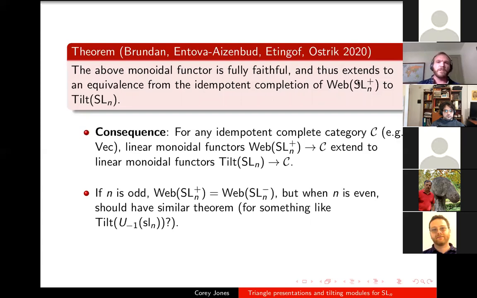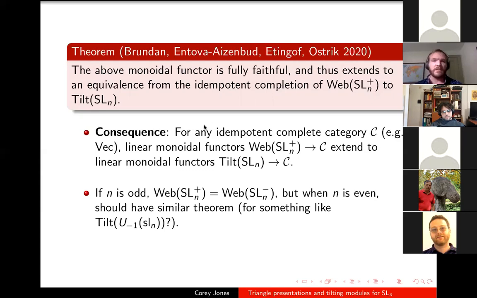This fully faithfulness is the technical piece you need to get the equivalence from the idempotent completions. And if you look in their paper, you wouldn't find this result stated this way. In particular, their theorem is about GLN, but it's quite easy to take their result and boost it up to SLN. All the technical stuff is contained in their result, so I attribute this theorem to them.